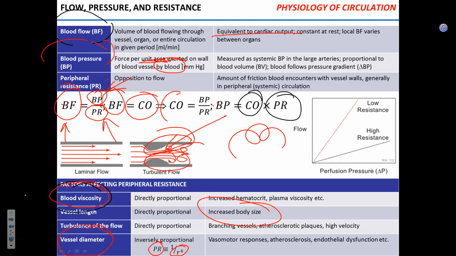How much? Power of 4. 16 times. Vessel constricts twofold, resistance increases 16 times. It's just a law. 2 to the power of 4. Vessel dilates 2 times, resistance drops 16 times. Does that make sense? It's pretty neat.